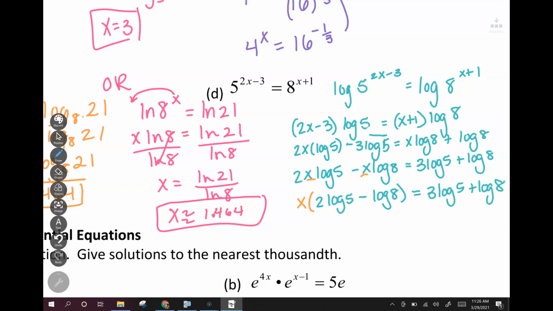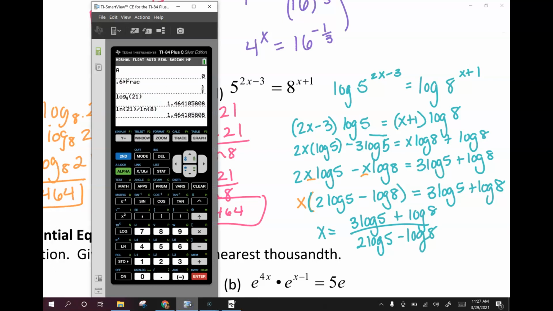And then I can divide by this to be left with just x. So x equals 3 log 5 plus log 8 divided by 2 log 5 minus log 8.